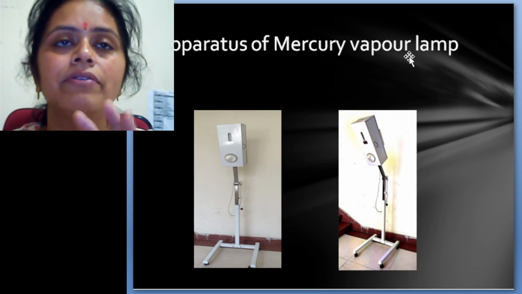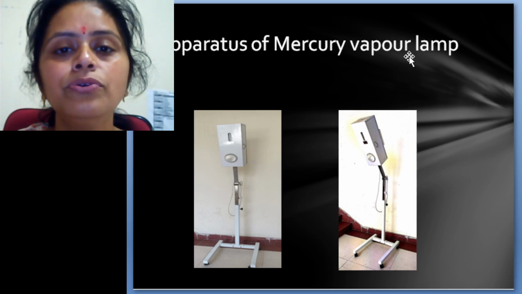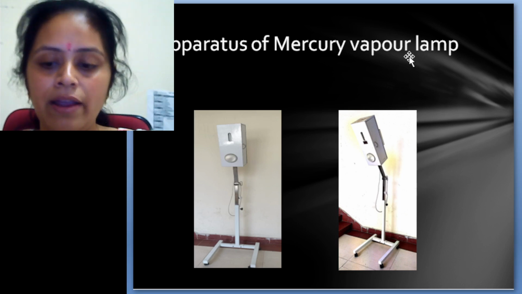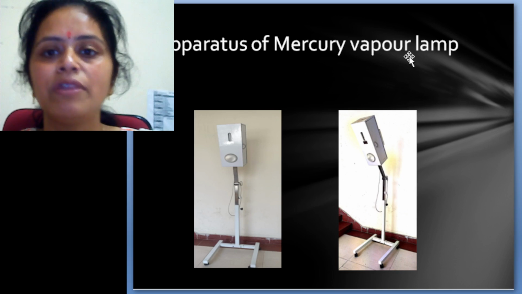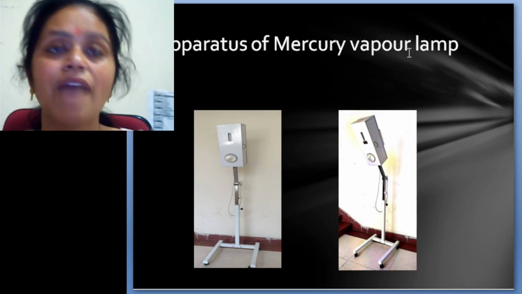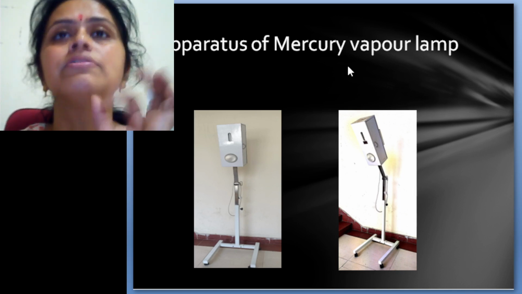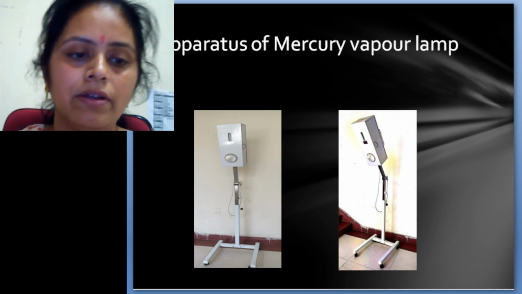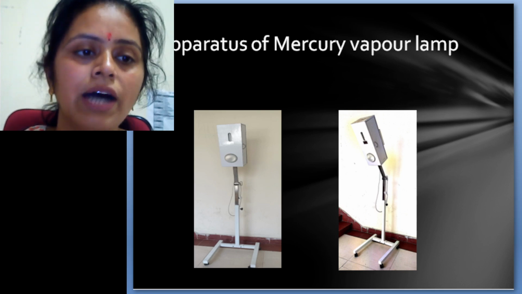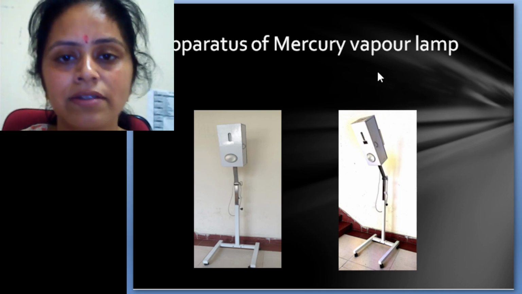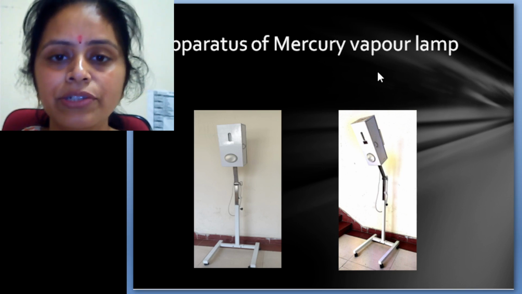So basically we prefer not to use it in very close proximity between the lamp and the patient's skin. So we have to be very careful while using this mercury vapor lamp on a patient's skin. I think this very first type is clear to you.